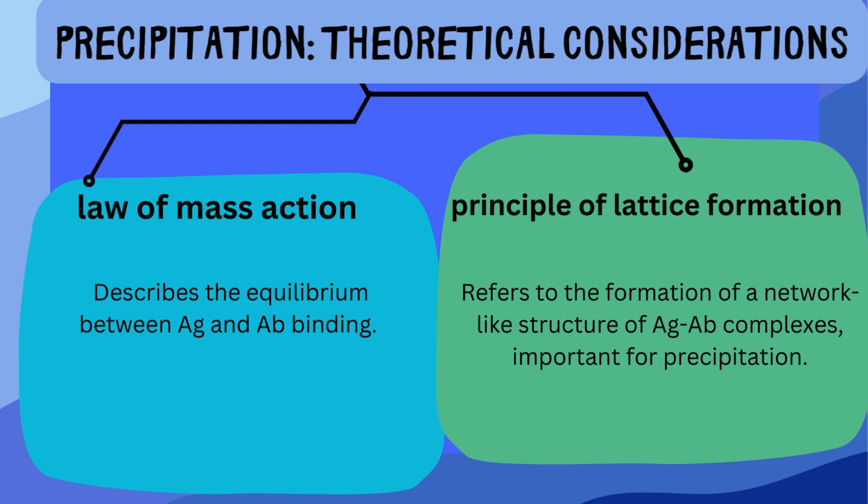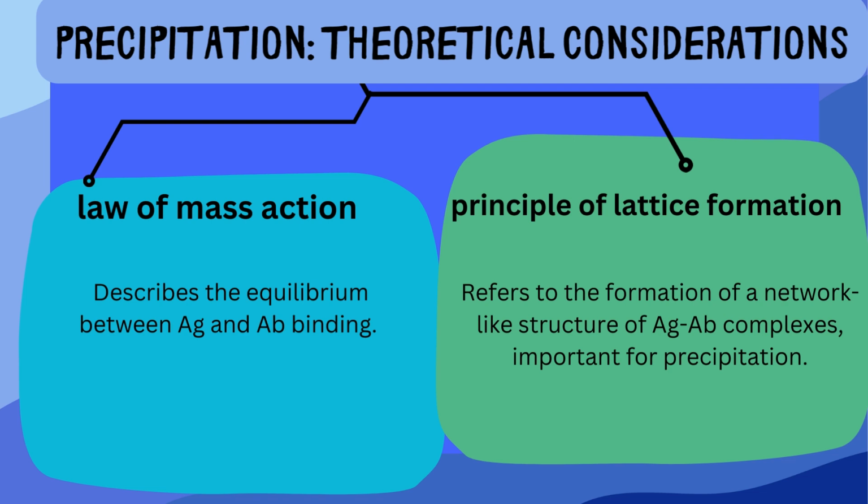A higher concentration of antigen and antibody increases the likelihood of binding, leading to a greater formation of immune complexes. Conversely, if one component is in excess, the reaction shifts to favor dissociation, potentially reducing the effectiveness of precipitation.